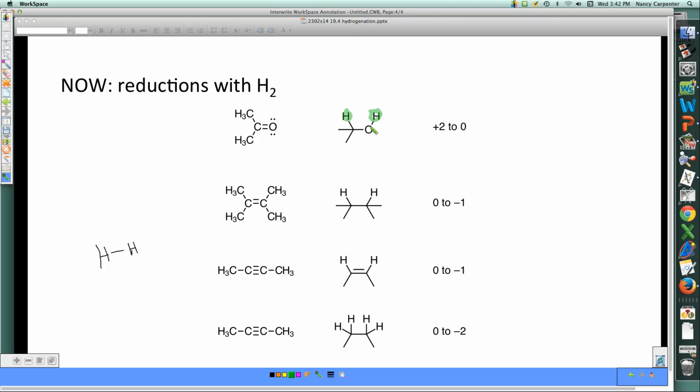Across the carbonyl, 2 hydrogens gives me an alcohol. Across the alkene, 2 hydrogens gives me the alkane. And here's the alkyne. Add once to get the alkene, add twice to go all the way down to the alkane.